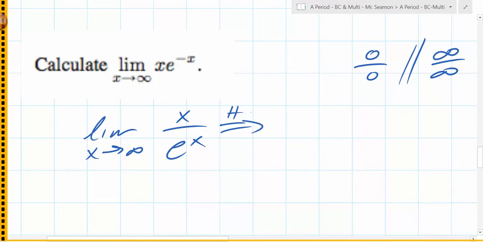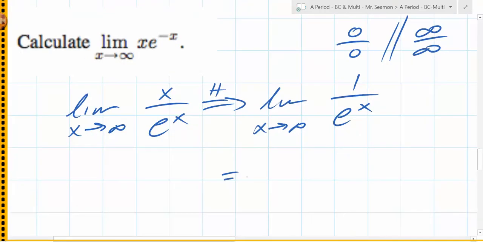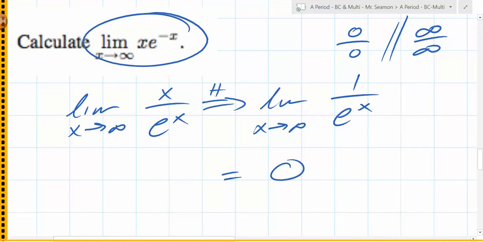Yeah, so L'Hopital's rule tells us that this is equal to the limit as x goes to infinity of 1 over e to the x. And what is that equal to? 0, because the top stays static. You can just take the separate limits now, right? The point is sometimes the fact that you can use L'Hopital's rule is not immediately apparent, but you can do some manipulation and end up with 0 over 0 or infinity over infinity.